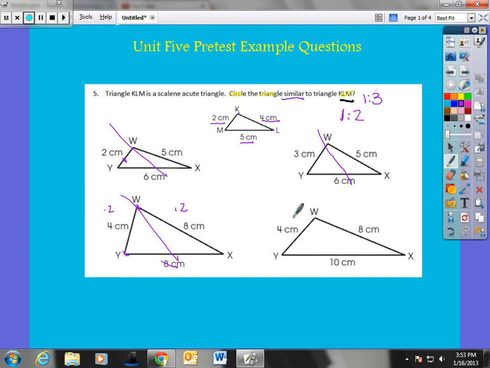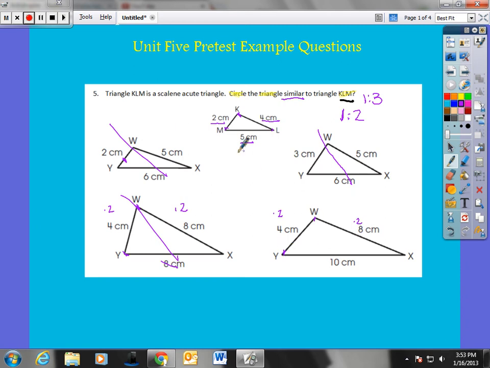I go to the final one here. Okay, line segment KM and line segment WY correspond with each other. Well, this is 2, this is 4, that is it doubled, so that would make sense. Line segment WX and line segment KL, this is 4, this is 8. Hey, that's 2 times larger, that makes sense.